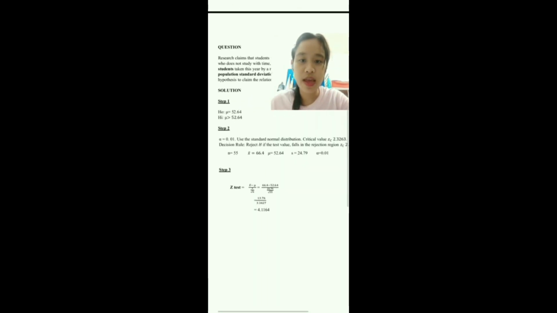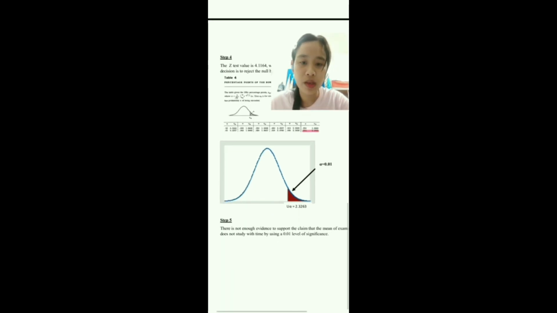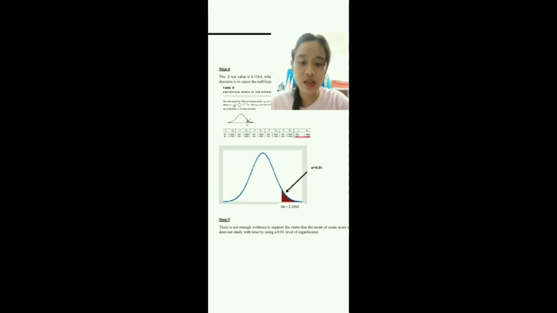Before that, as we know, we use the alpha 0.01. For alpha 0.01, using the table of percentage points of the normal distribution, the value is 2.3263, which means the result is reject.